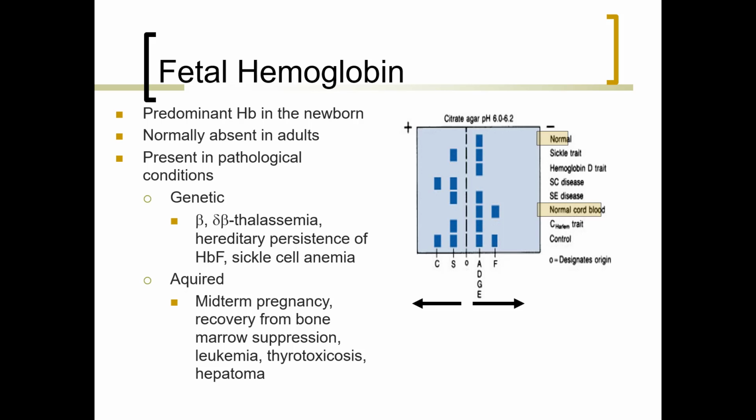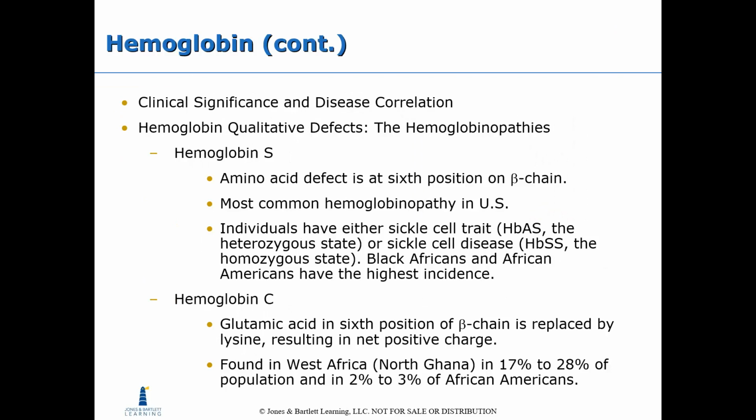When the baby is about 6 months of age, they have a big shift in the amount of hemoglobin that they have, so their fetal hemoglobin gets really low and their adult hemoglobin goes really high. So the majority of the hemoglobin is hemoglobin A at 6 months of age. And at 6 months is when you start to see kids getting infected with Plasmodium or with malaria. So that was fetal hemoglobin.